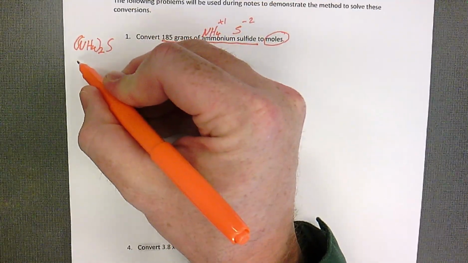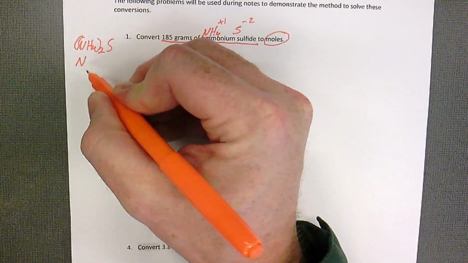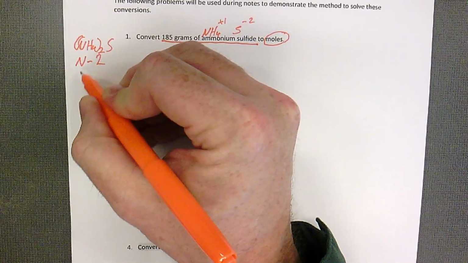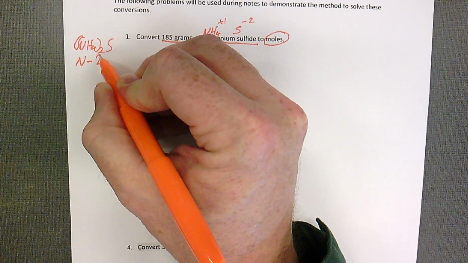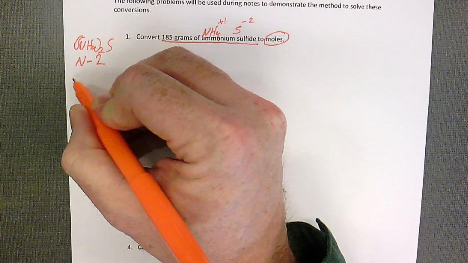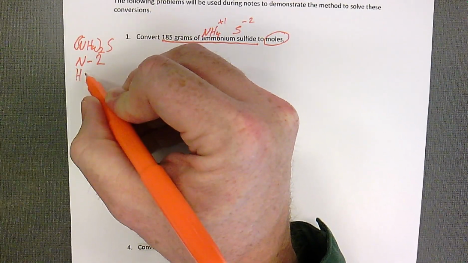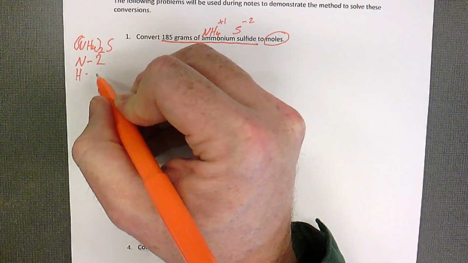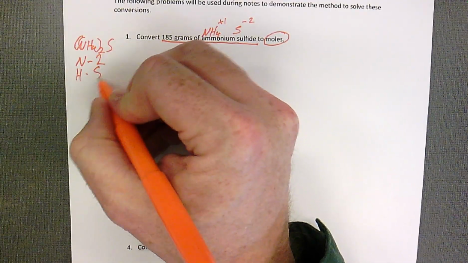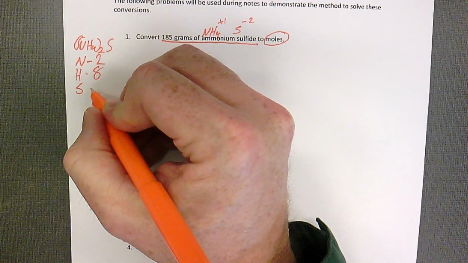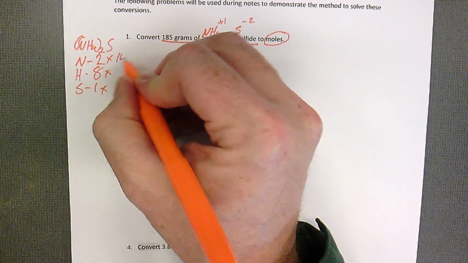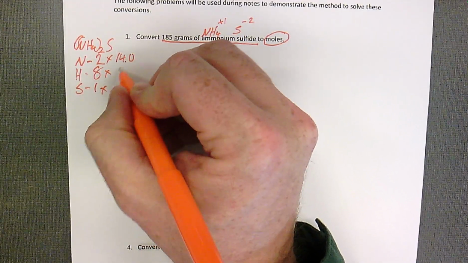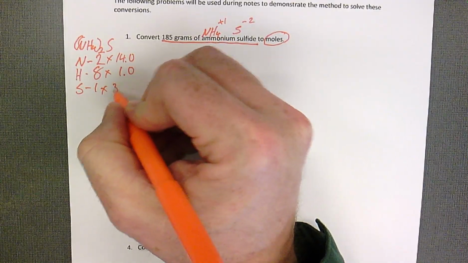All right, so how many nitrogens are here? Just 2? How many hydrogens? So it's NH4, 2, so 8. 8, very good, because you got to multiply it. You use that distributive property. All right, and then how many sulfurs? Just 1. And then we look up their masses. I actually know these ones because I've done these a lot. 14, 1, and 32.1.